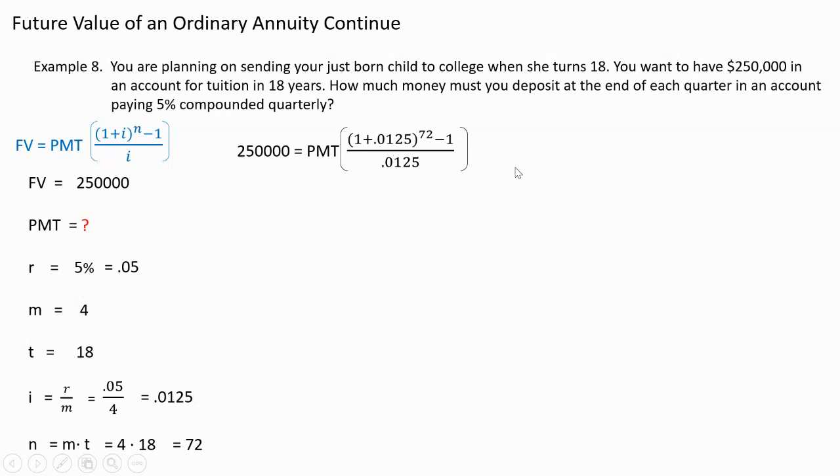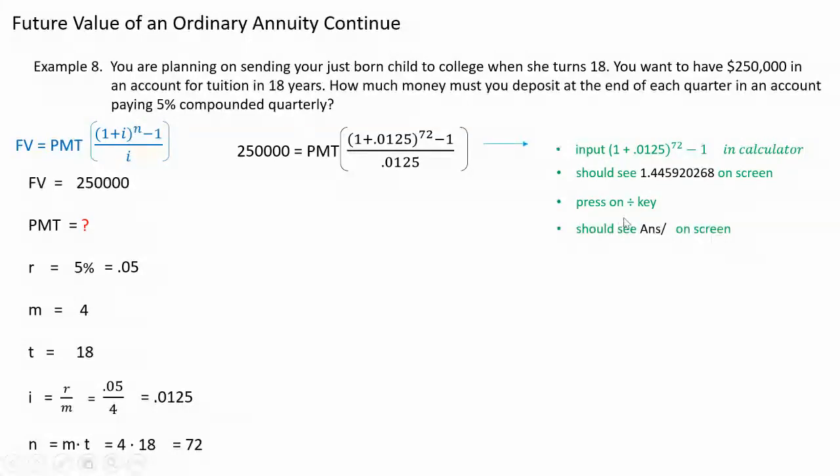From now on, I'm going to be using the same technique, which is I'm going to input parentheses 1 plus 0.0125, close parentheses, to the power of 72, minus 1 in the calculator. This is what you should see. Then you're going to hit the division key, then enter 0.0125, and then enter it.